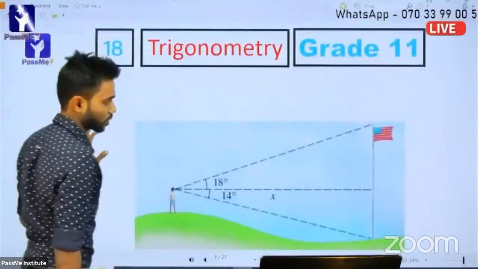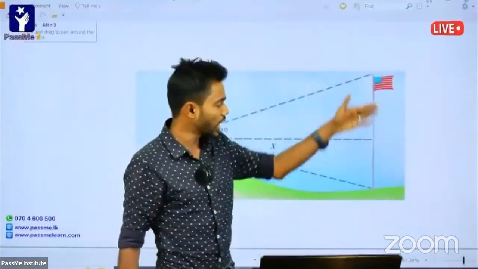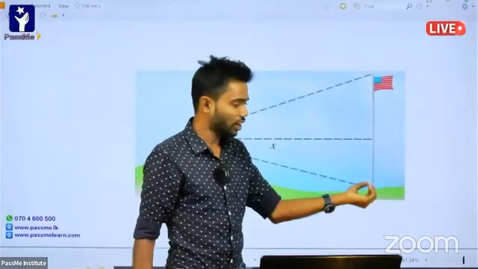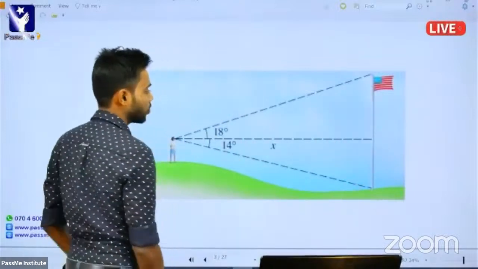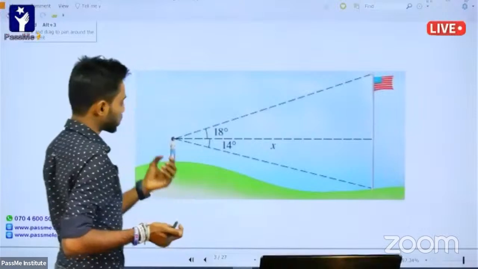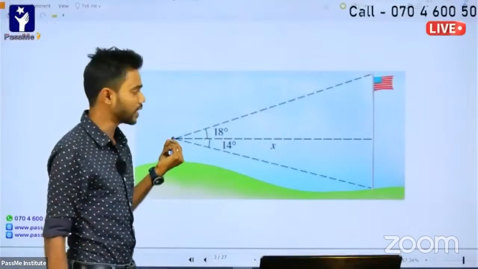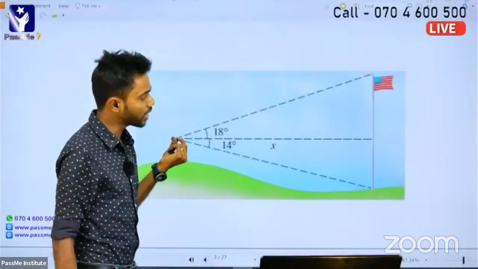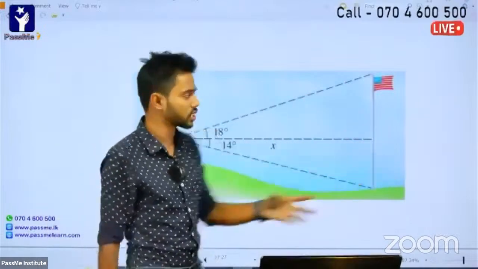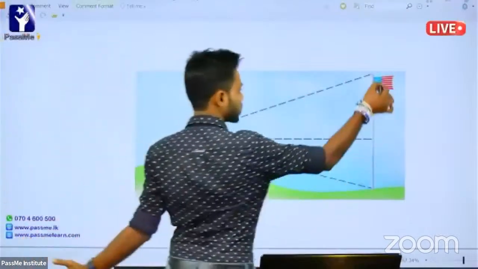So if you want to calculate the height of this tower, you can divide it into two, right? Now you are here. This is a kind of practical question, right? So you want to calculate the height of this one.